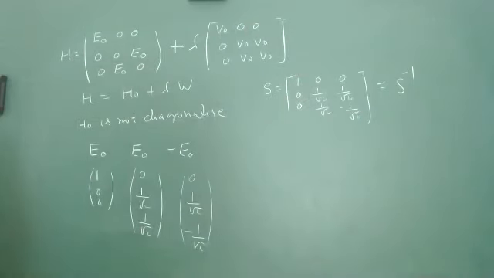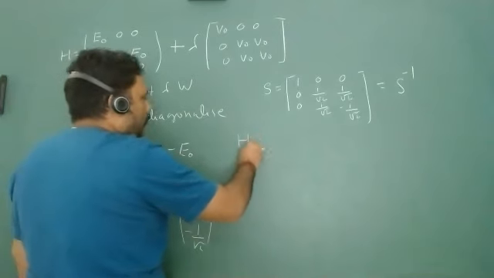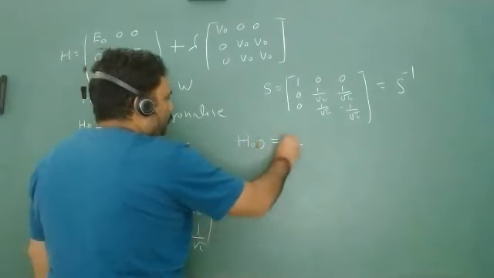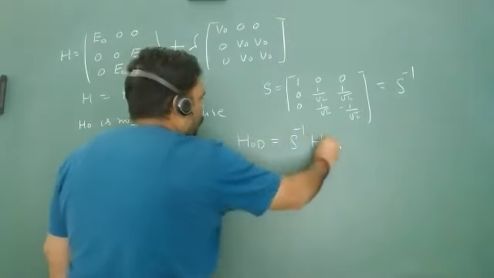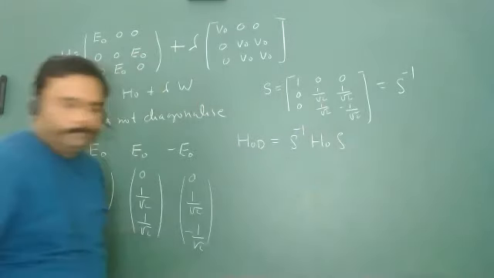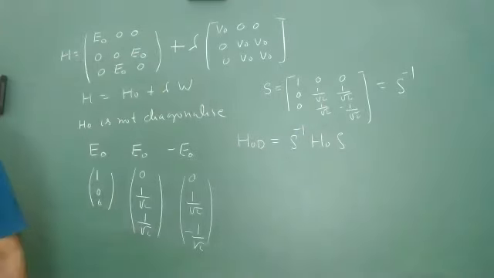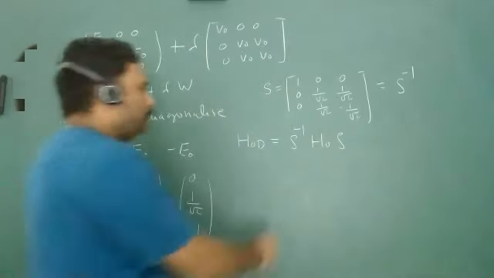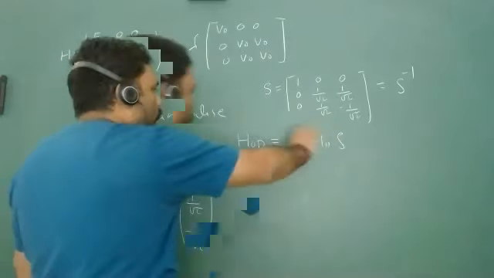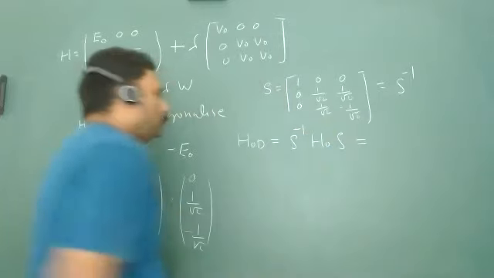Don't worry, this is my S inverse. So what you have to do is go for H naught diagonalized, that will be S inverse H naught S. This is your diagonalized H naught, S inverse H naught S. Can you please tell me what the solution will be without solving this one?